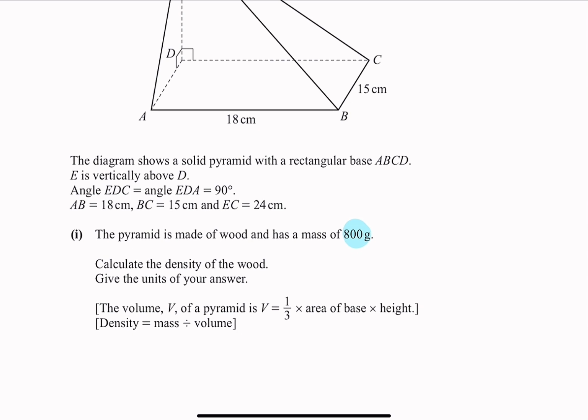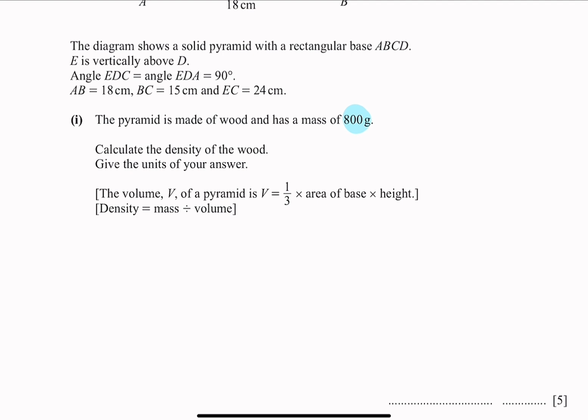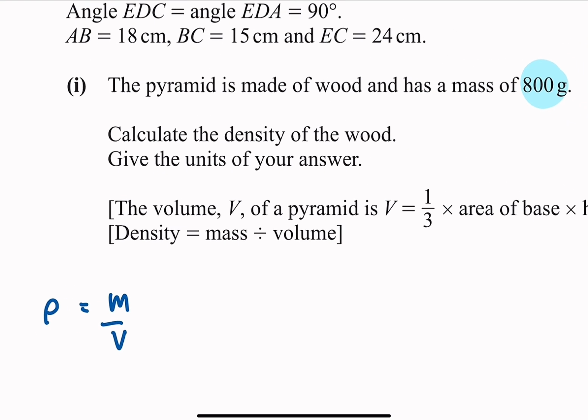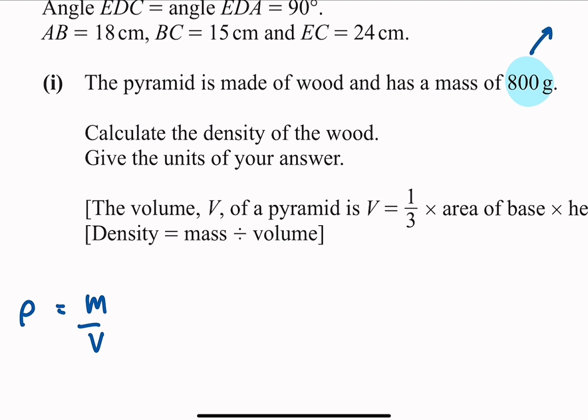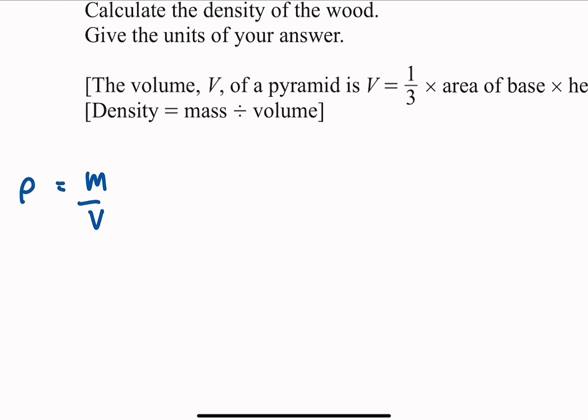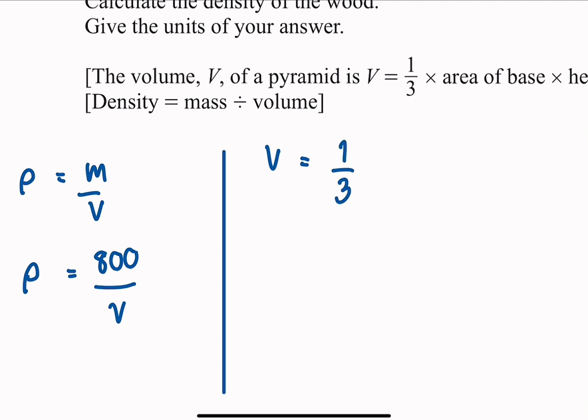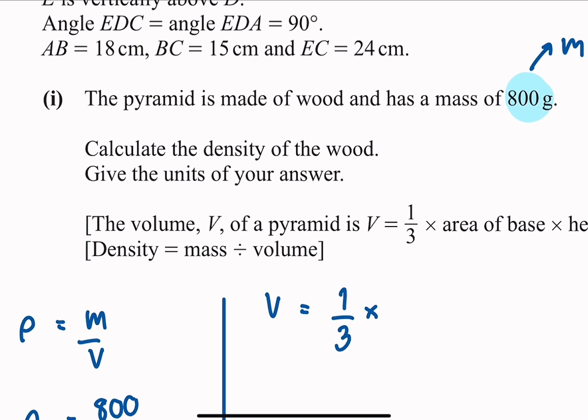And as you know that the density is mass over volume, and mass is 800. Therefore, we have to find the volume, which is equal to 1/3 multiplied by the base area.